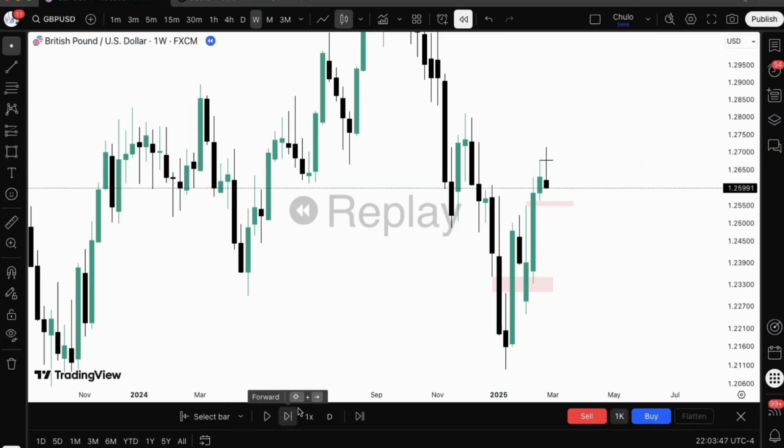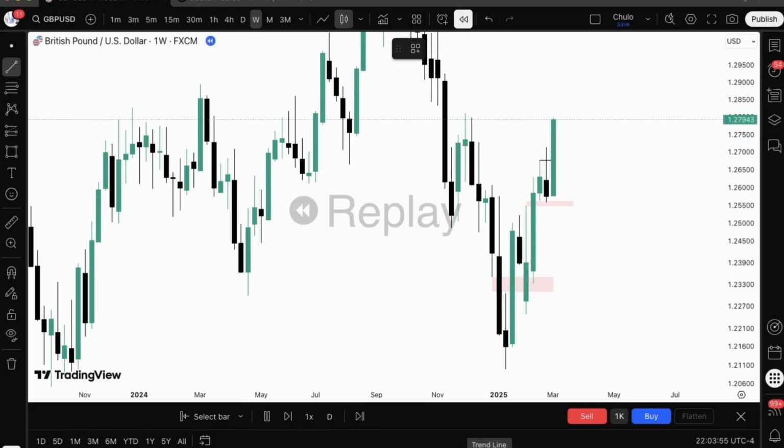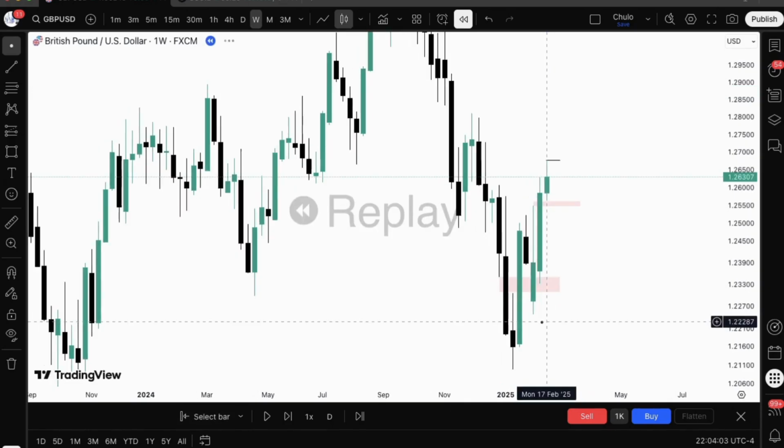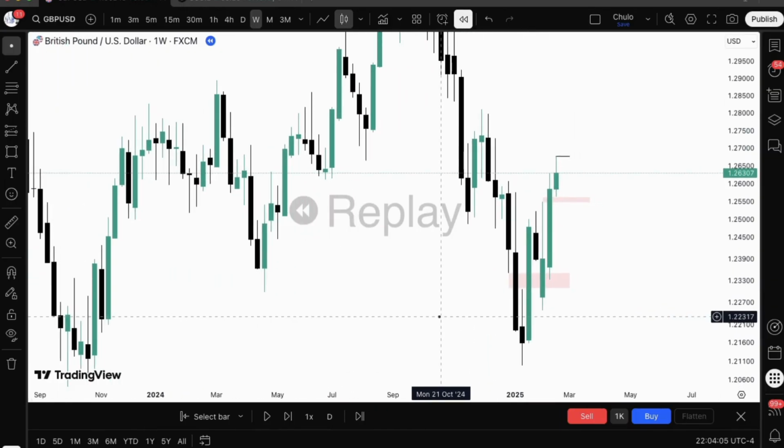Okay, price took out this external range liquidity. Oh, I thought I paused this. Okay, we have our external range liquidity here.